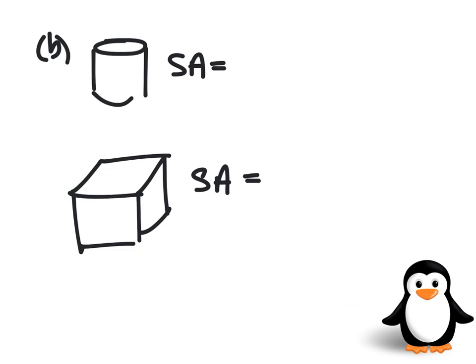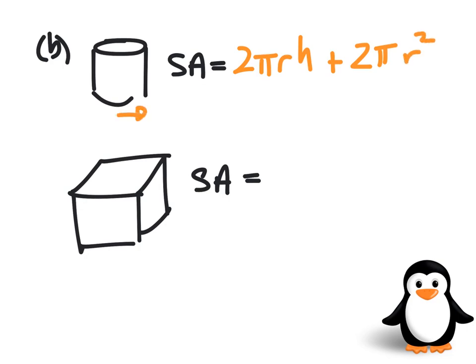Area is slightly more complicated. We're told in the question that for a cylinder the surface area is 2 pi r h plus 2 pi r squared.